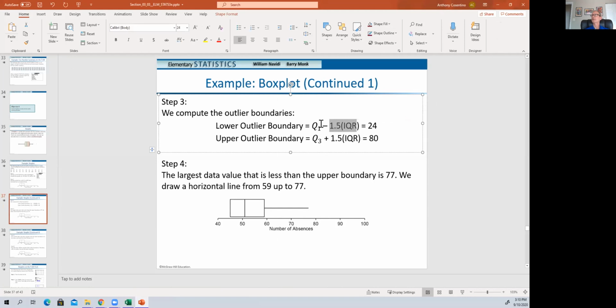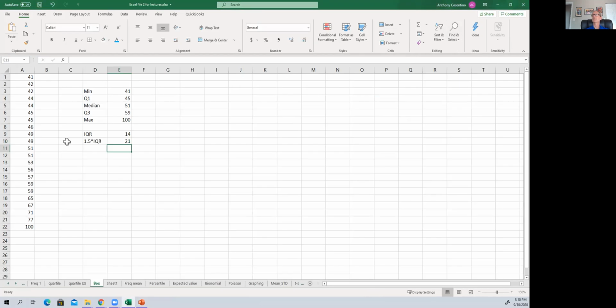So now we're going to take each one of these boundaries and do the subtraction and addition like we did to find the outliers. And so when we do that calculation, the lower bound, as I called it in the previous presentation, would be Q1 minus the IQR. Let me start over, that didn't work out right.